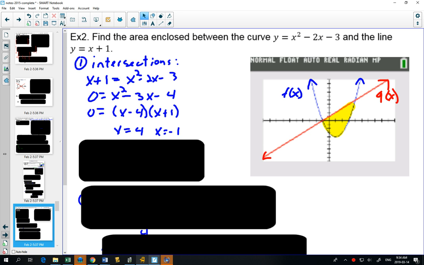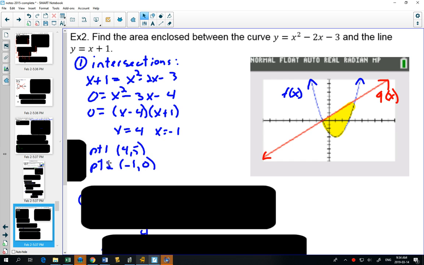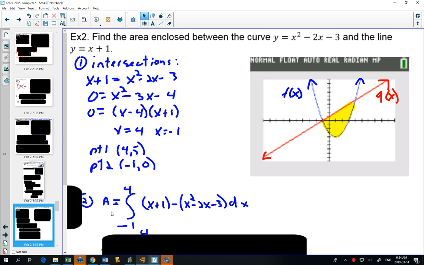Find out where they intersect. Set up your definite integral.